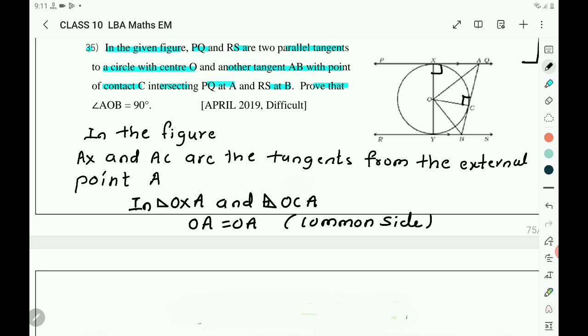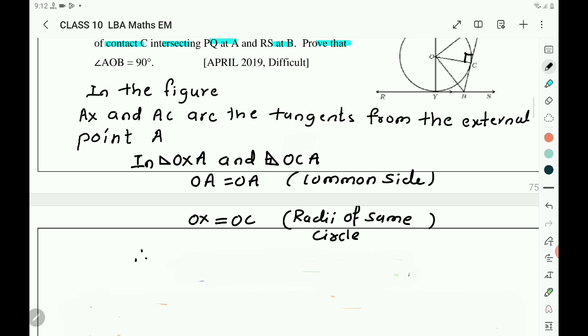And OX equals OC, radii of same circle. Therefore, right angle triangle OXA is congruent to right angle triangle OCA according to RHS congruence rule.